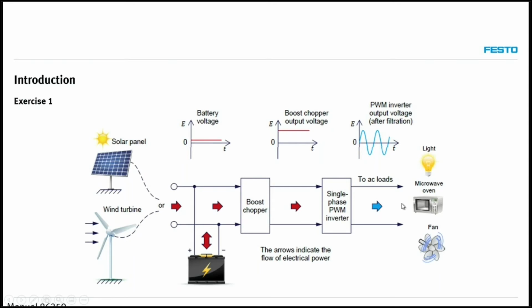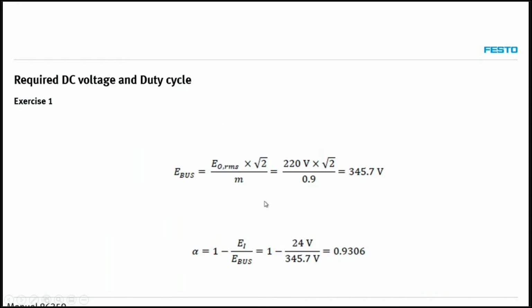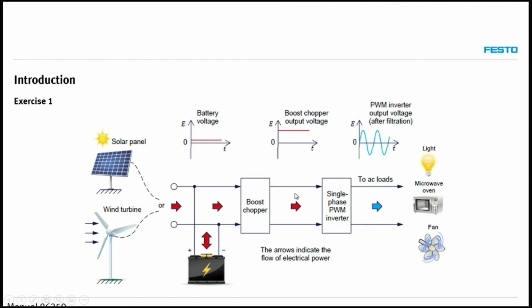So the DC voltage I need is, according to this equation here, equal to 345 volt if I want to produce 220 volt AC at the output, or in our case for 120 volt, we need about 200 volts. So we need 200 volt of DC voltage at the input of our inverter. So to go from the 48 volt of the battery to the 200 volt that I need here, I need this boost chopper that will bring this voltage up.